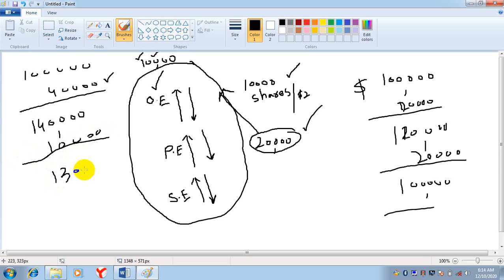Paying dividend reduces their equity, just like in a sole business, if the owner withdraws money for personal use, it reduces the owner's equity. Same is the case here.